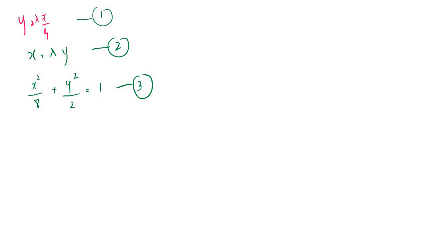So from equation 2 we see x is equal to lambda y. So we'll substitute x from here into this equation. So we see y equals lambda times x, which is lambda times lambda y, and also there is a 4.